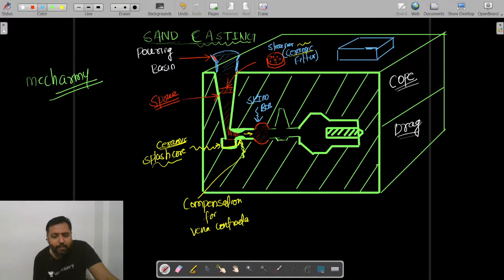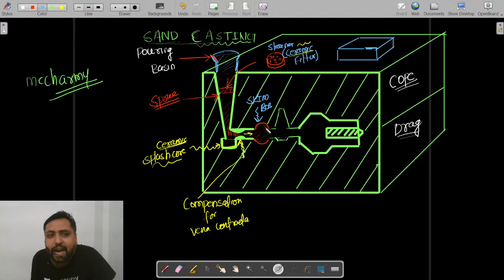Dear students, what happens? Here already large size impurities were filtered. यहां पे लार्ज साइज इंप्योरिटी को पहले ही आपने फिल्टर कर लिया था. Now the impurities which are there, when they reach here, will be smaller in size. Out of those smaller impurities, few will be lighter in weight, and few will be heavier in weight.